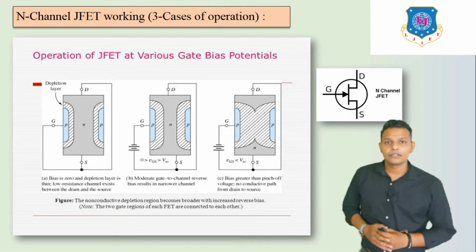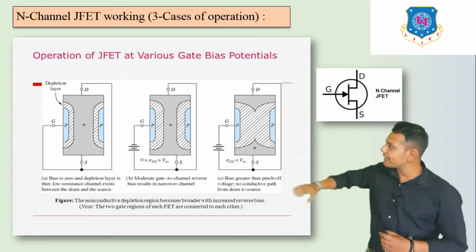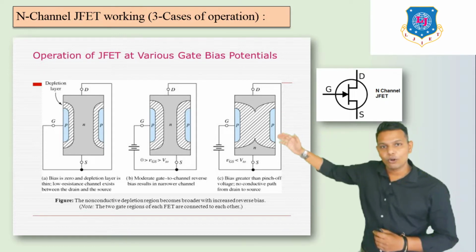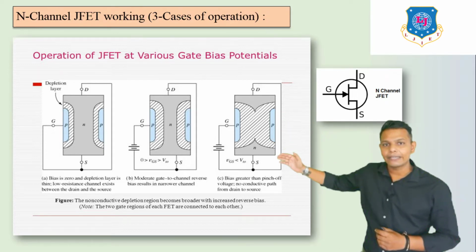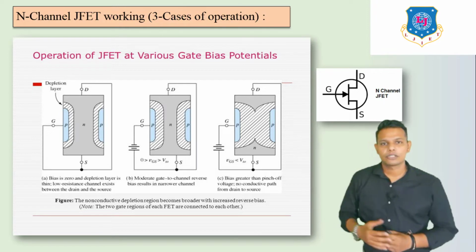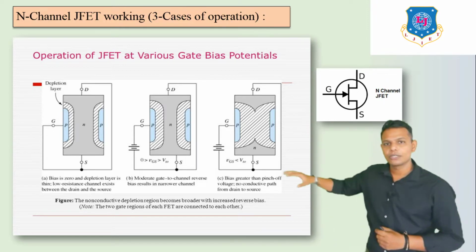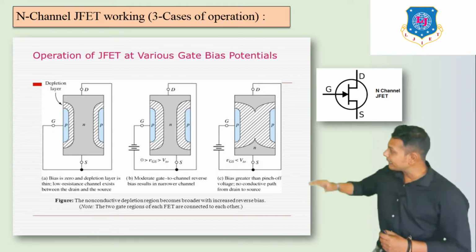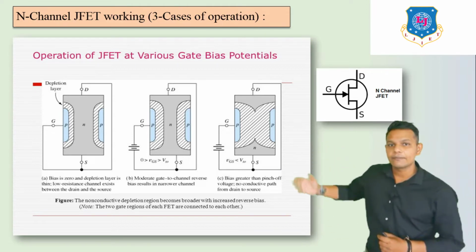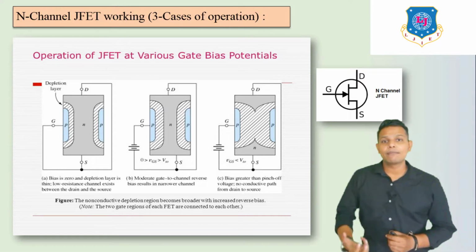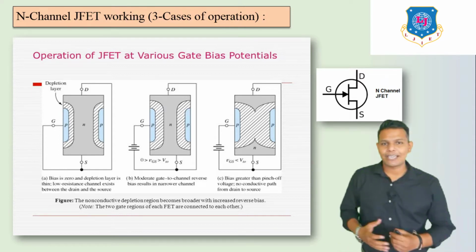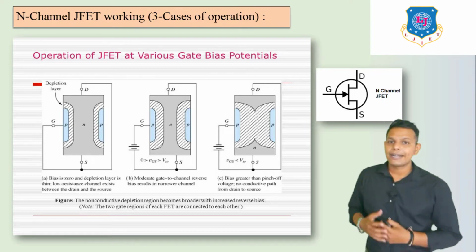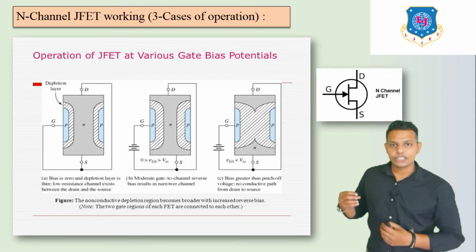So the flow of ID, that means the drain current, is reduced due to this depletion region. Then in case number 3, if we apply more and more negative voltage, that means VGS equal to -4 and -5, then the depletion region touches together.